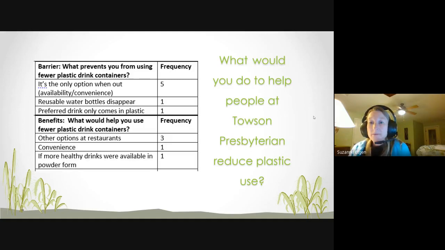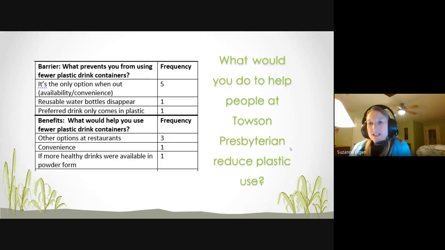Beyond that, if you want people to change their behaviors, you have to look at what will help them and give them the help that they need. That's an overwhelming thing to do with all plastics, but you can do a general awareness campaign about all plastics and maybe pick one that you're going to give some extra tools. That would be a suggestion.